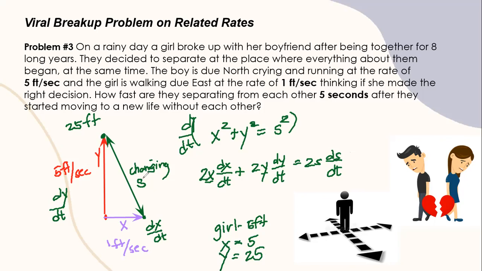Ang hinahanap sa atin is how fast are they separating from each other? So this is the rate of change of the separation with respect to time. So ds over dt. Ito po yung hinahanap sa ating problem. So substitute lang natin yung lahat ng ating given. So 2 multiply to x which is 5.